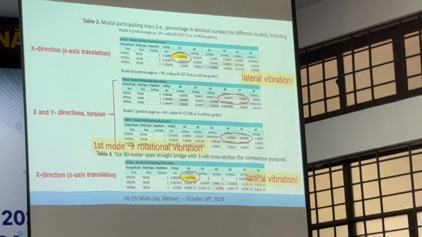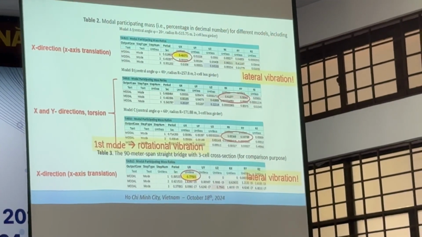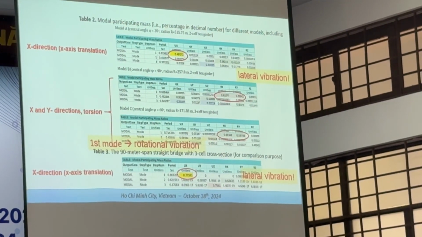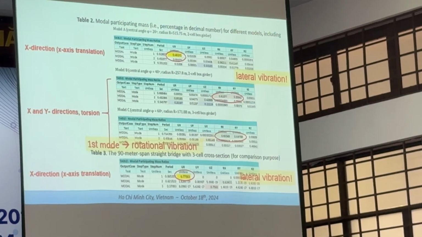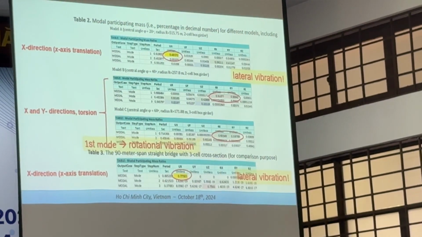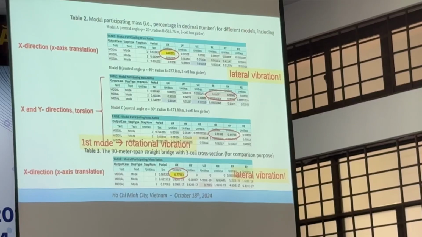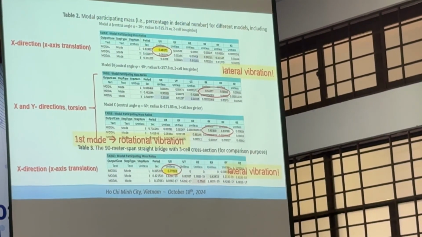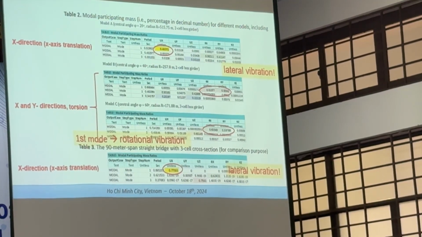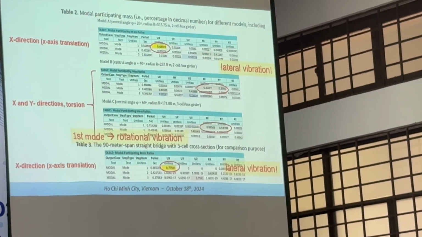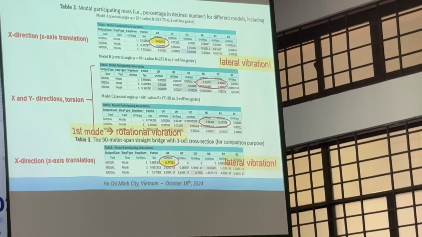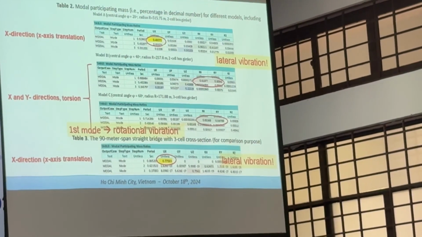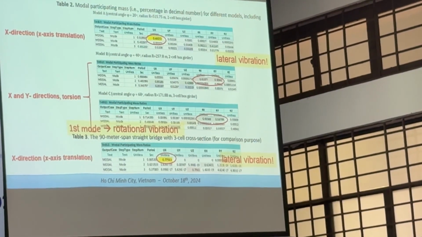We did not believe it at once, but I checked it with a calculation of the modal mass participation. In this, we can see that in the first frequency, UX, the percentage of mass participating in motion, is in the lateral direction.